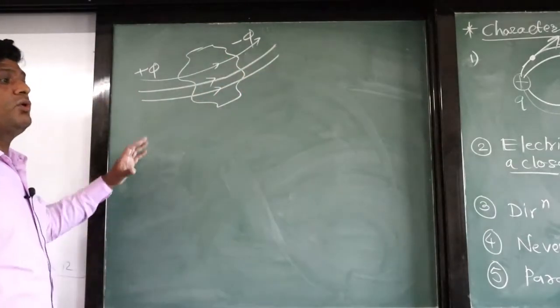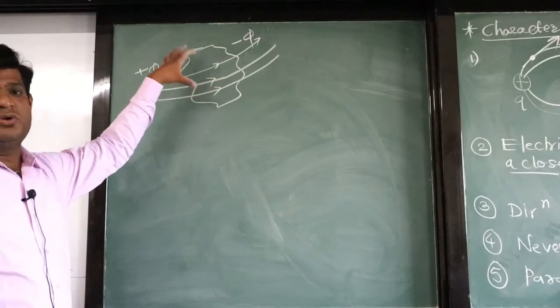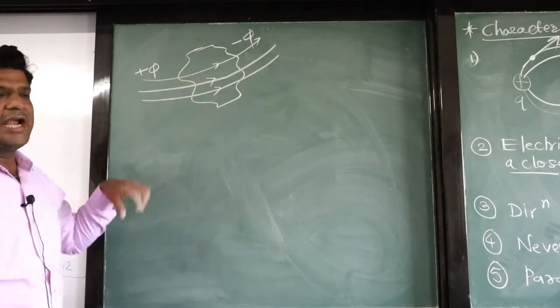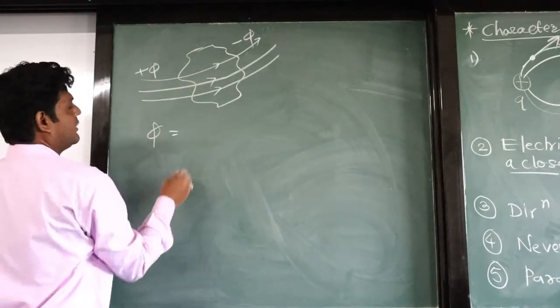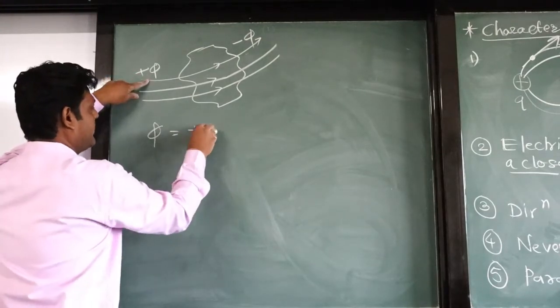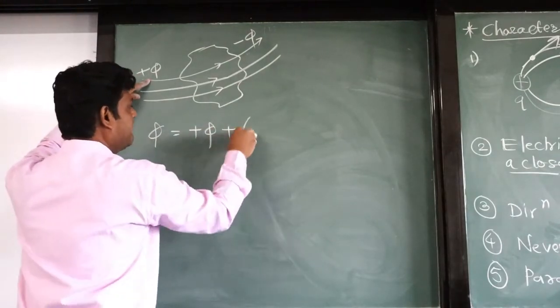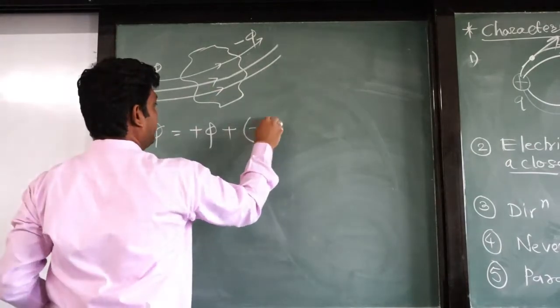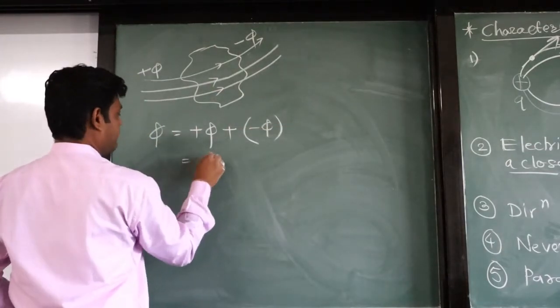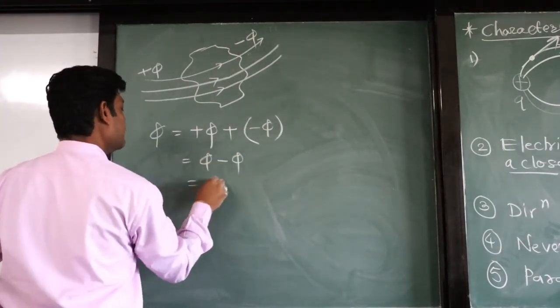So what is the total flux linked through this closed surface? Phi equal to entering flux, plus phi, plus leaving flux, minus phi. So it becomes phi minus phi, which is 0.